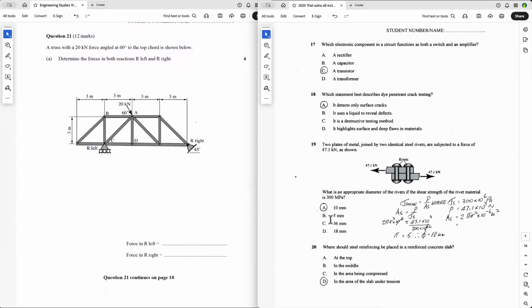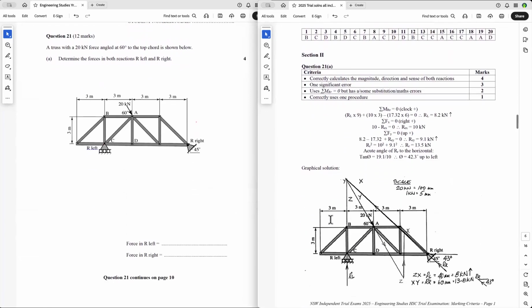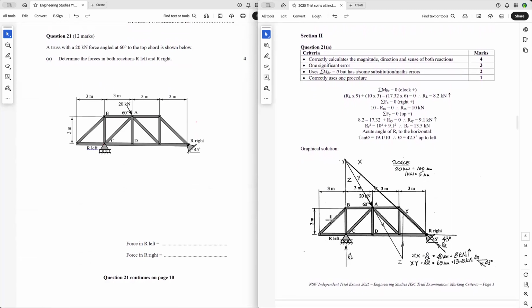Now, next question is a truss question. And first thing you've got to do is find the reactions. And so the left reaction here, make sure that the first thing you do with a roller is you draw in the reaction and then have a look at the force that's being applied, and you can see by logic that that will go vertically up.